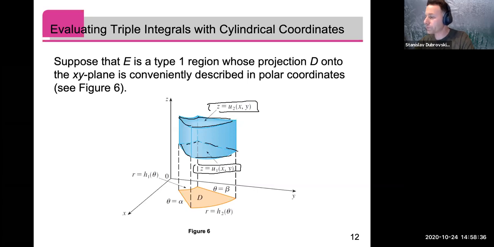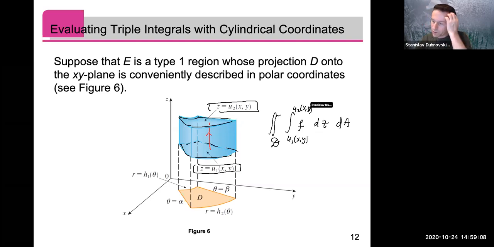So you probably will integrate with respect to z first, and then look at the region D in the xy plane, dA, from the bottom limit u1 of xy to the top u2 of xy.